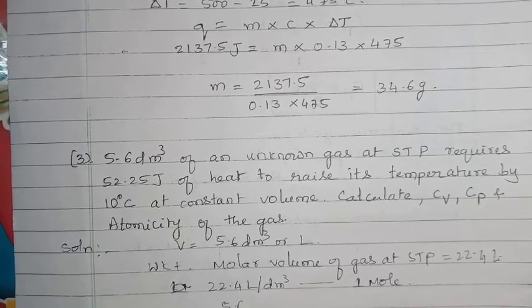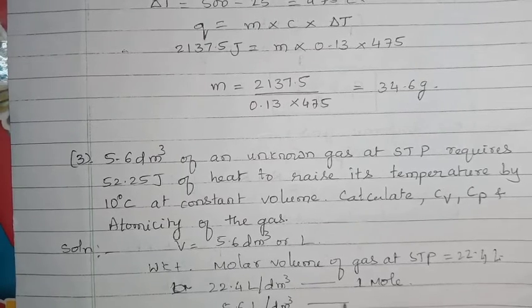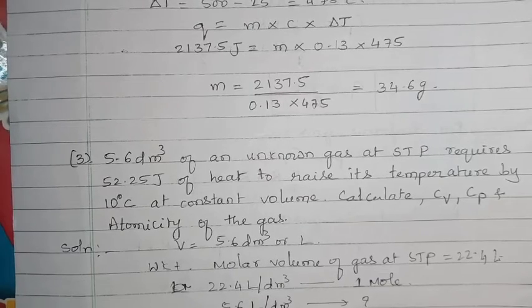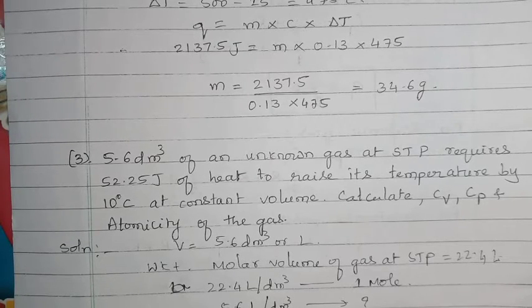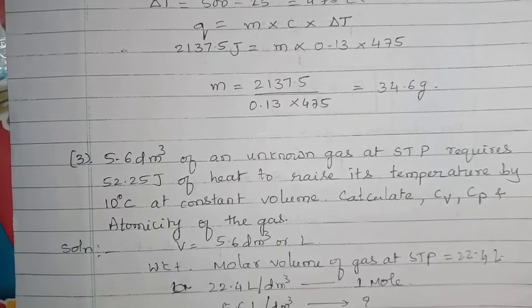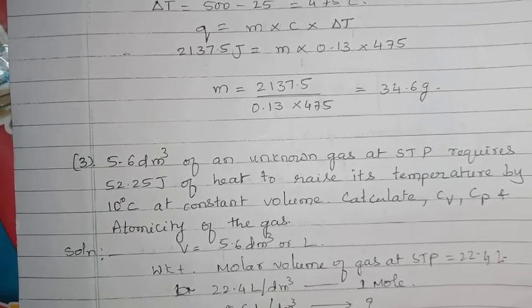Then 5.6 liter or cubic decimeter refers to how many moles. So the number of moles equals 5.6 into 1 divided by 22.4. So 1's 4's, this is 1 by 4, equals 0.25 mole.